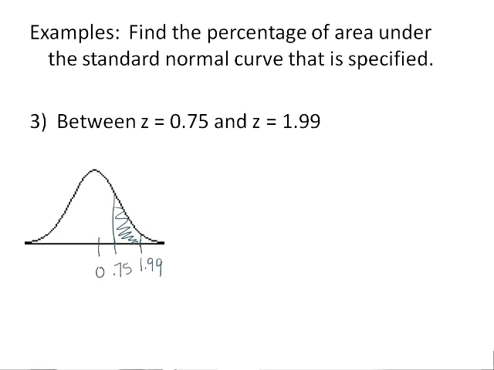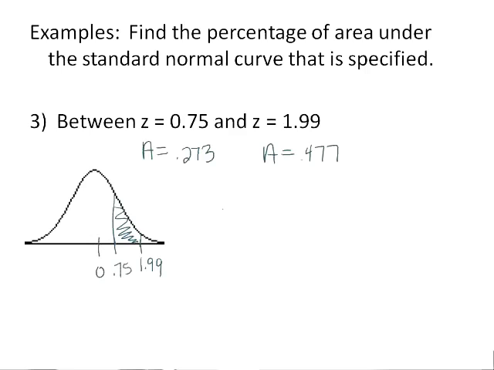So when I shade the area, that's the portion that I'm looking for. And then if I look up the corresponding areas in the standard normal table, well, 0.75 has an area of 0.273. 1.99 has a corresponding area of 0.477.